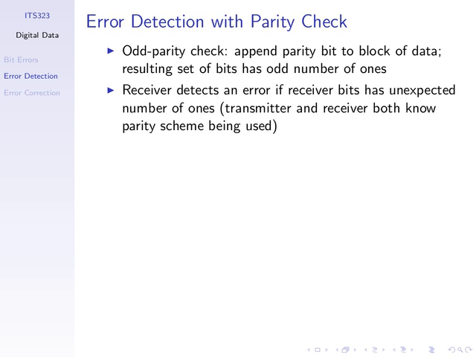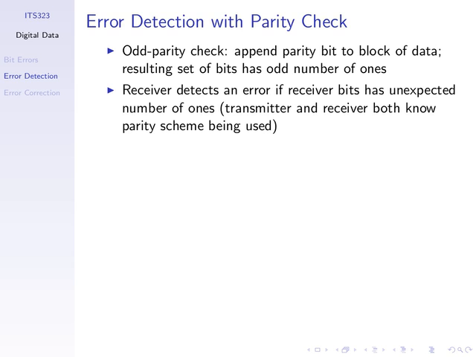So, an example. Our original data, let's say we have k equal to 5. We have a block of 5 bits of data. Let's choose 5 bits. That's the data we want to send.